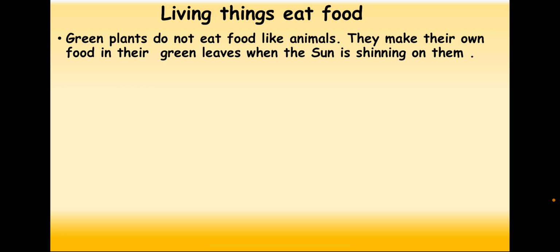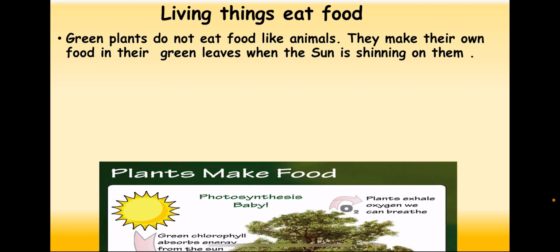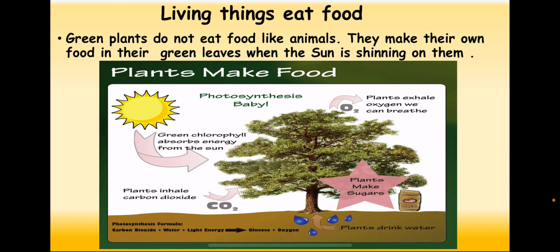Green plants do not eat food like animals. They make their own food in their green leaves when the sun is shining on them. As we know, plants are also living things, but they don't eat food. They make their own food in the presence of sunlight, because they have chlorophyll in the leaves.